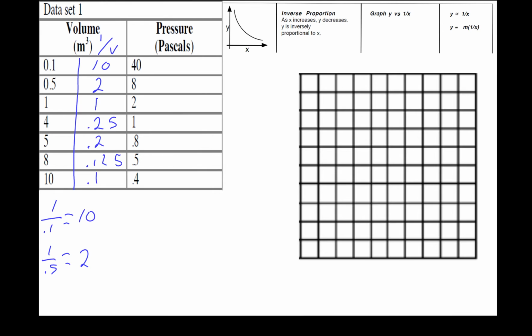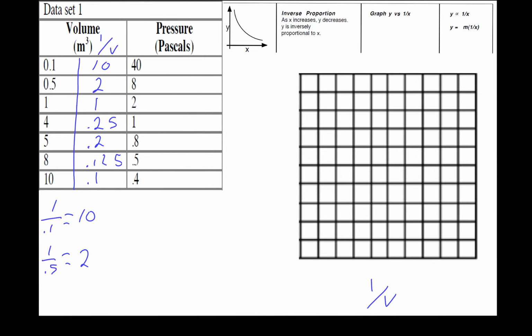Now I have adjusted my scale. I made it 1 over v. So my next step, after I made it 1 over v, is to scale and label my x-axis and scale and label my y-axis. Now, my x values are now going to be 1 over v.